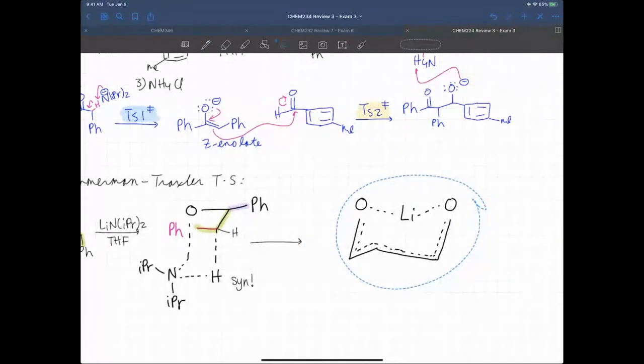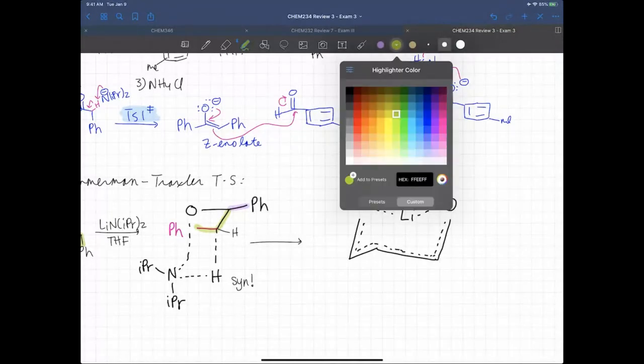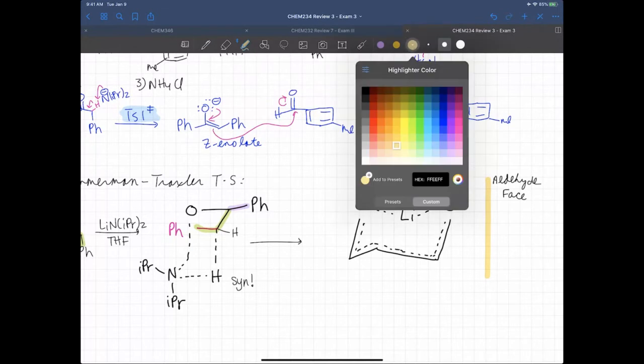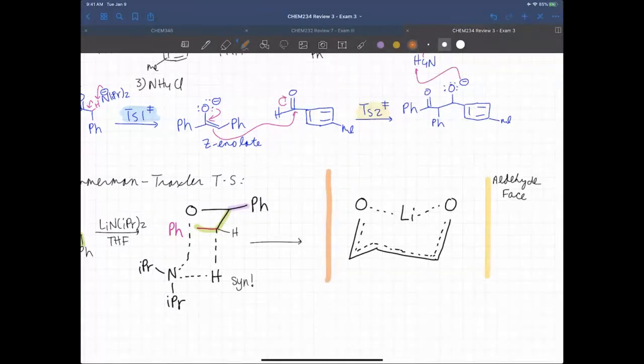Always remember that on the right-hand side of the chair, which is, okay, let me use a different color, which is this side here, we are talking about the aldehyde face. And then the one on the left of the chair in orange, this is the enolate face.